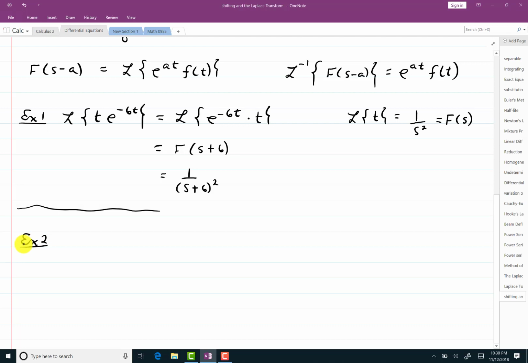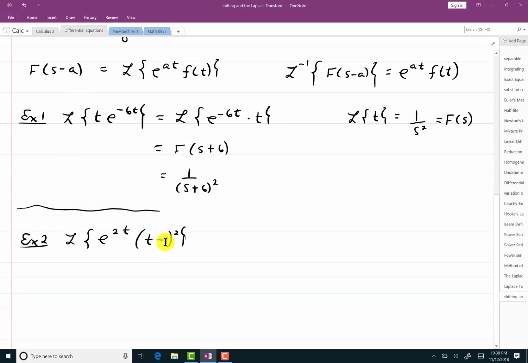Next we have the Laplace transform of e to the 2t times t minus 1 squared. Now, in order to make use of this, here my a is a positive 2, so I'll have an F of s minus 2 when I get down to that.